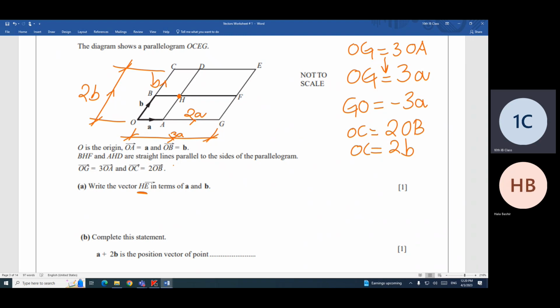We have two ways: H to D or H to F, then from D to E or F to E. They give the same answer.